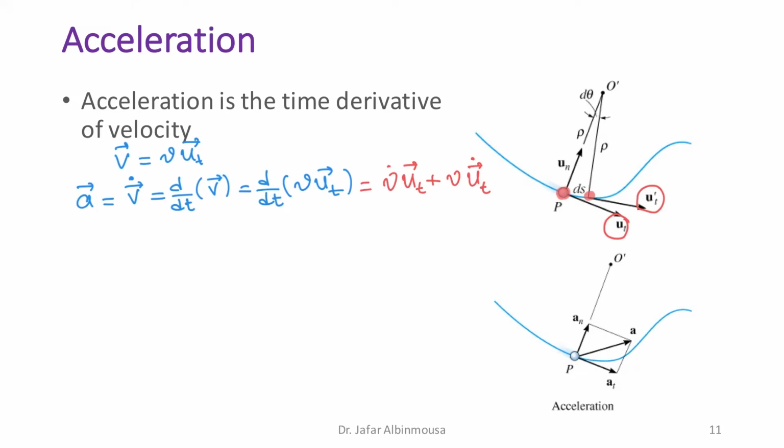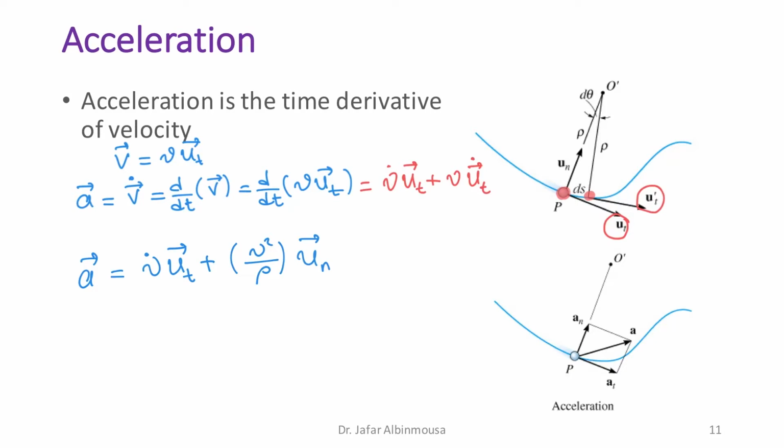Now, I know you probably haven't seen a derivative for a unit vector, but before I show you how we do the derivation, let me show you the equation that we are going to end up with. The acceleration equation is actually going to be v dot ut plus v square over rho multiplied by un.